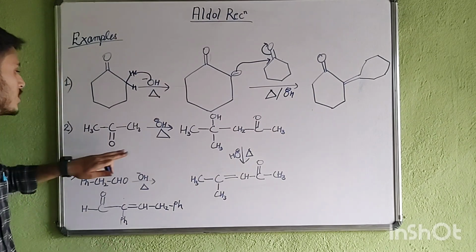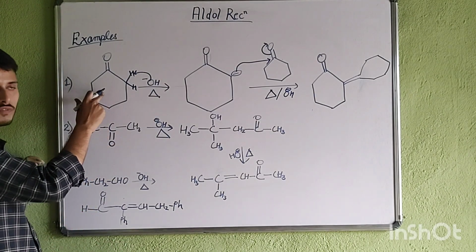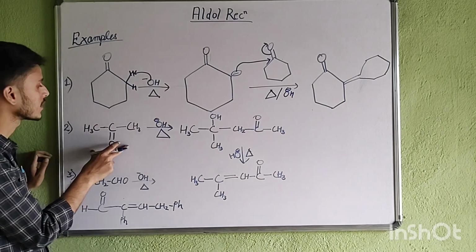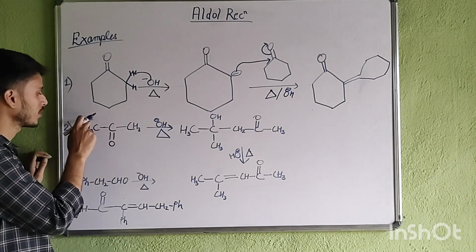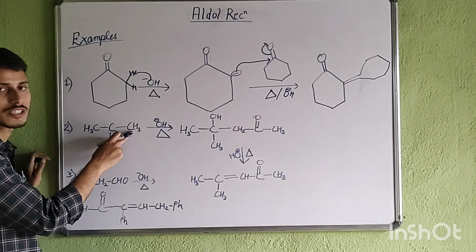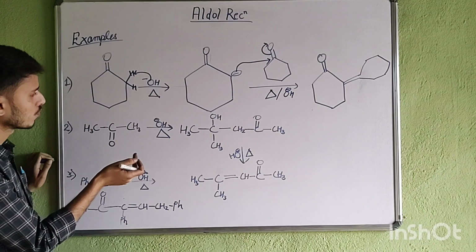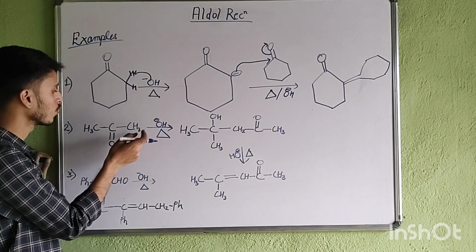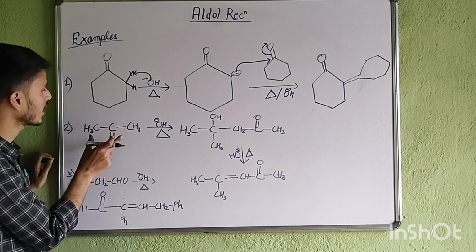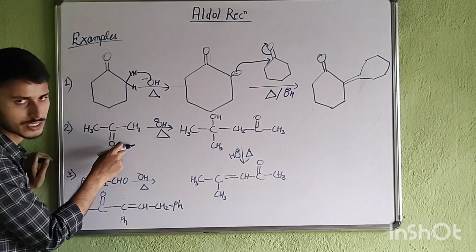Second example, acetone is there. This is a ketone. This was also a ketone. First we had used an aldehyde. This is a ketone. This has two alpha carbons, and hydrogen is also present at the alpha carbon. So what will be the product? First, this OH minus will go and can extract any of the alpha hydrogens from these two carbons. We will have a CH2 minus enolate.